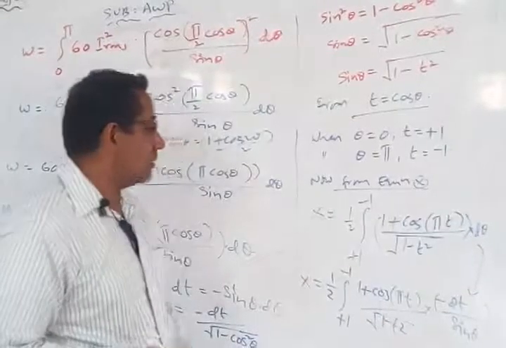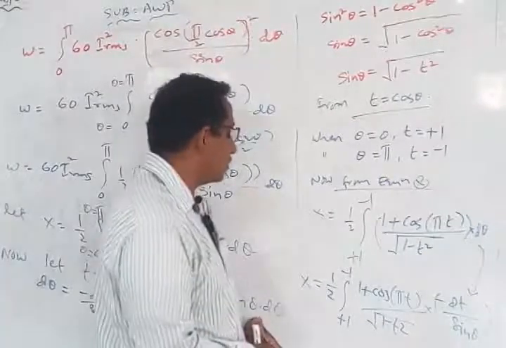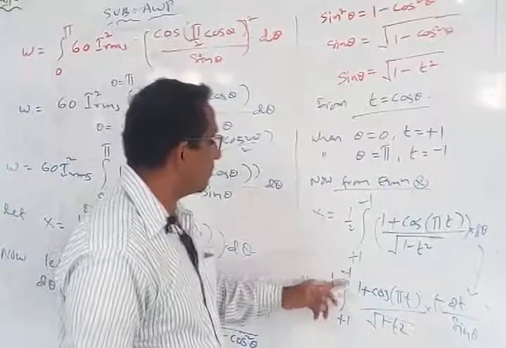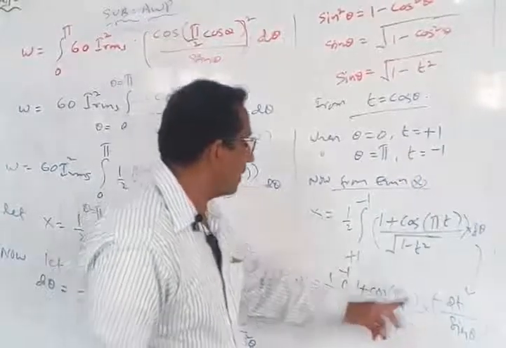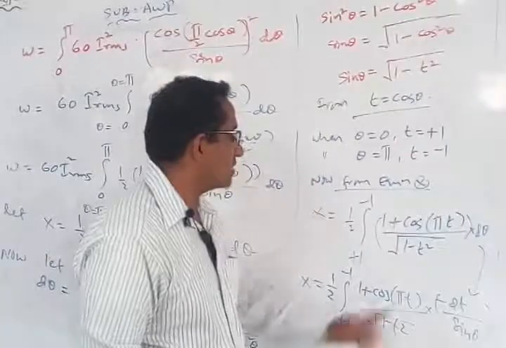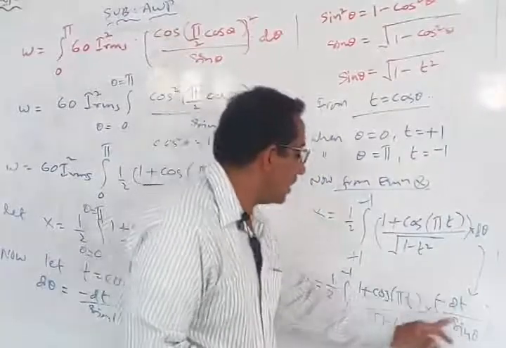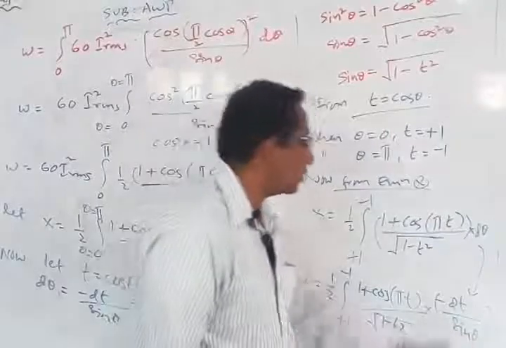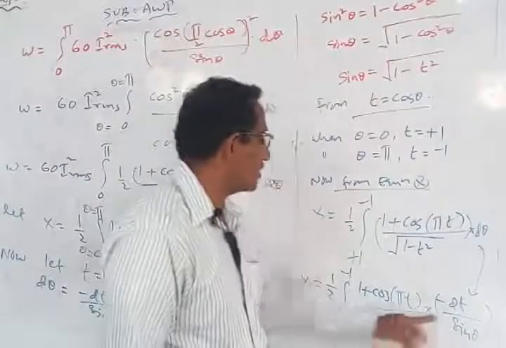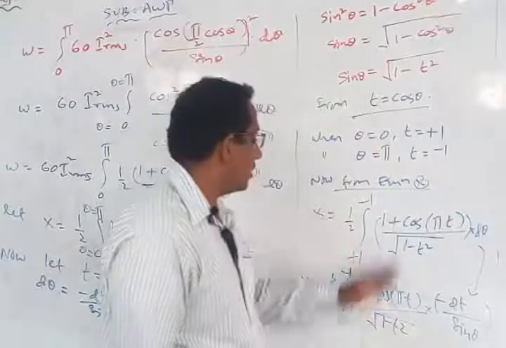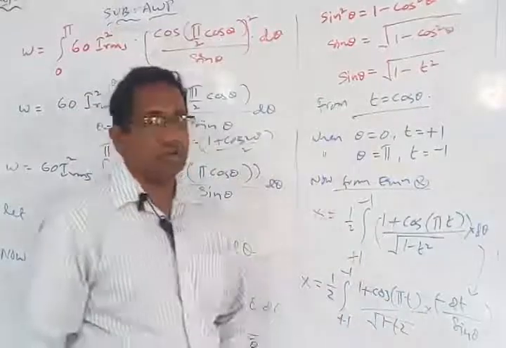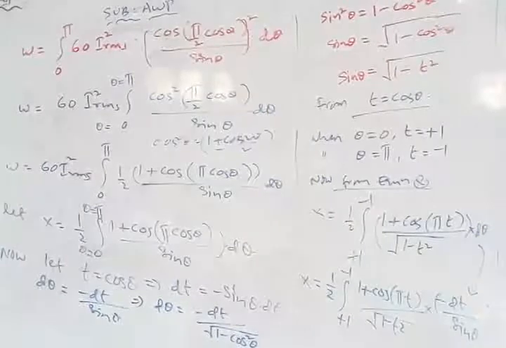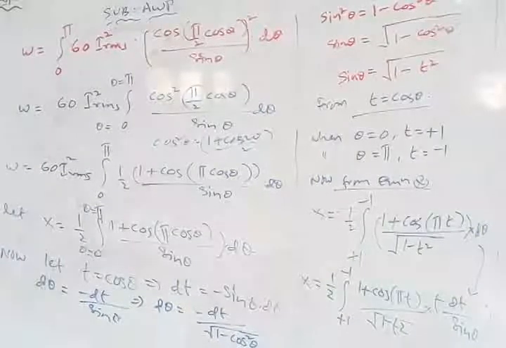That means I will be getting x is equal to 1 by 2 integral from plus 1 to minus 1 of 1 plus cos pi t by under root of 1 minus t square into minus dt by under root of 1 minus t square. So this root of 1 minus t square and root of 1 minus t square will get cancelled out. Let us try to solve the equation further.